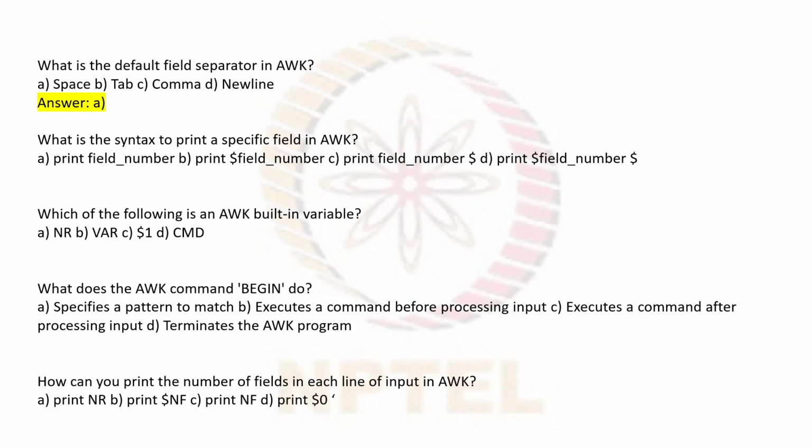You remember that we have discussed the dollar sign, which is used to reference fields. So when we are using a dollar sign, what is the correct way? Here B is the correct way. Print $1 will give the first field. Print $0 will give all the fields.